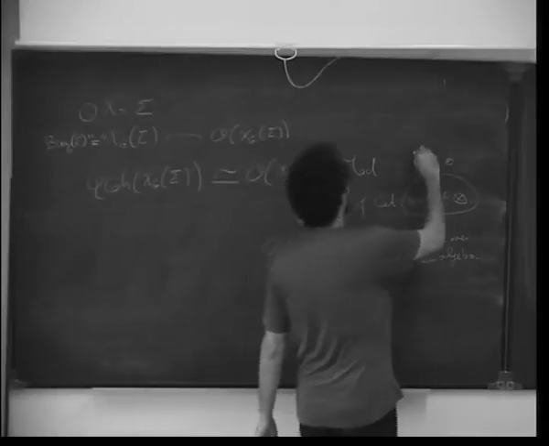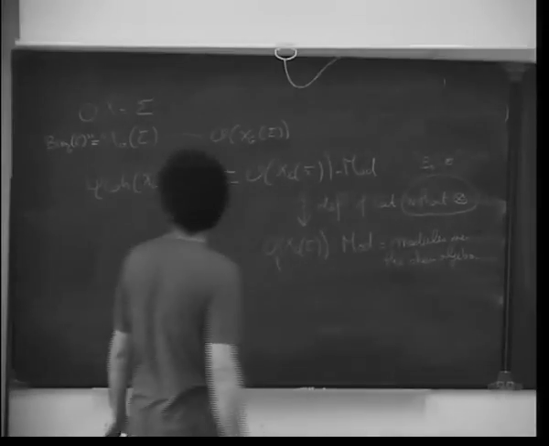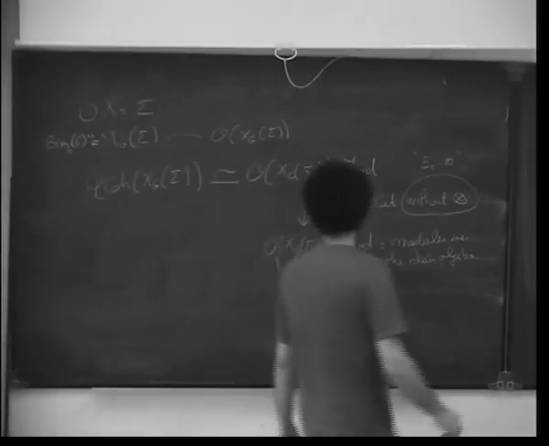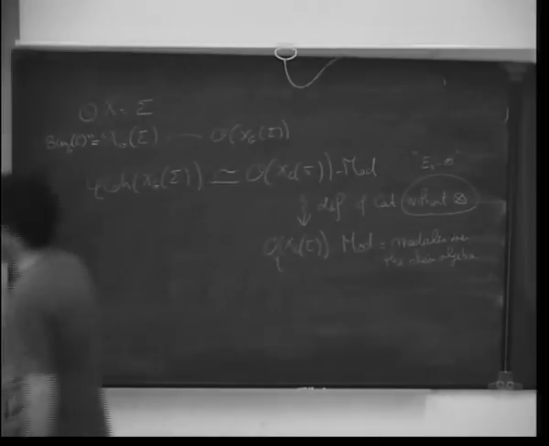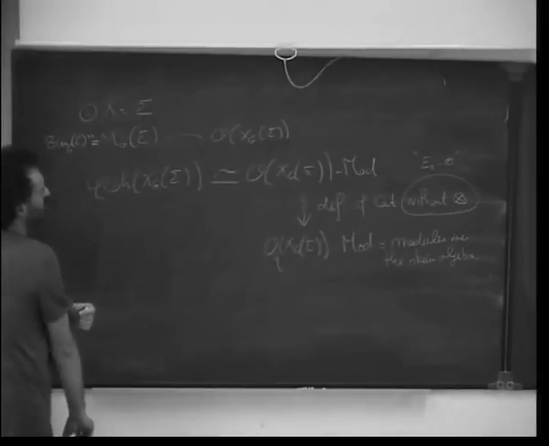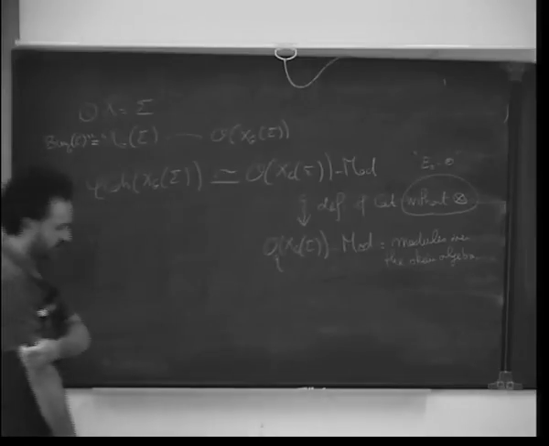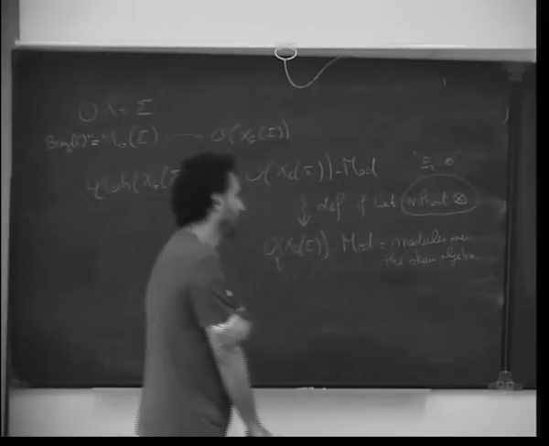Okay. And the example 3 would be a little bit too complicated to explain now, I think. So maybe we will be back to it at the end of the lectures.